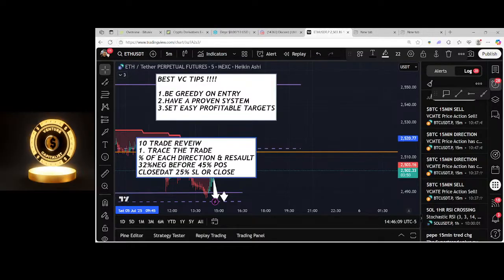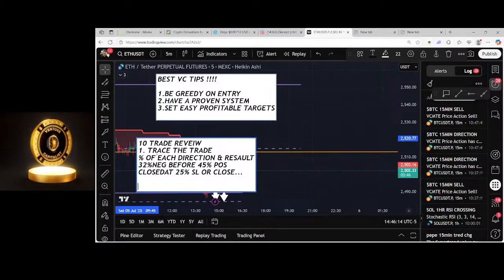So that's how you track a trade. For instance, you would put first trade, 32 neg slash 45 pos slash closed, or you can just put in the number, 25 close, 25 SL.